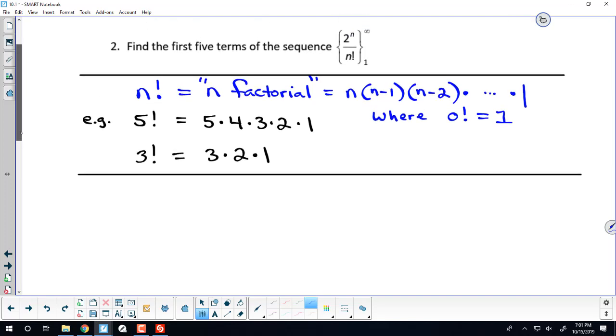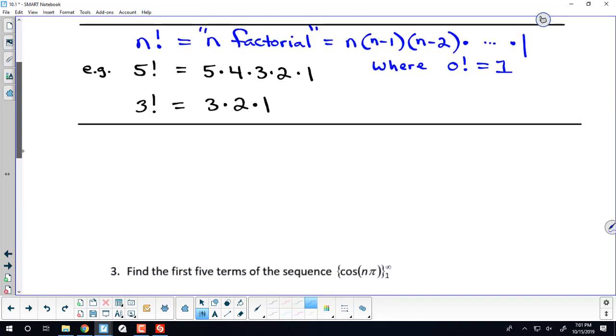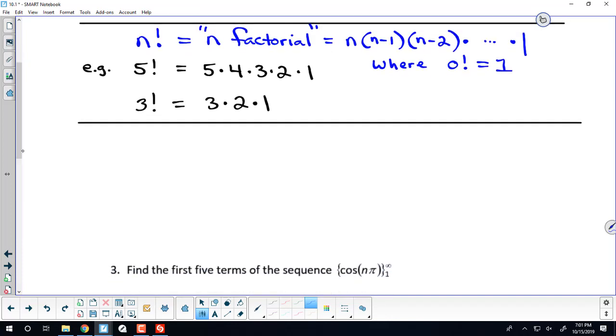All right, so our sequence, 2 to the n over n factorial. First 5 terms. So a sub 1 is 2 to the first over 1 factorial, or 1 times 1. So we end up with 2. And so forth. A sub 2 is 2 squared over 2 factorial.